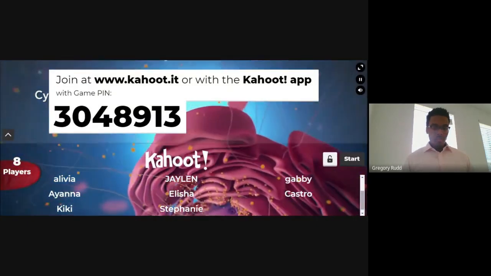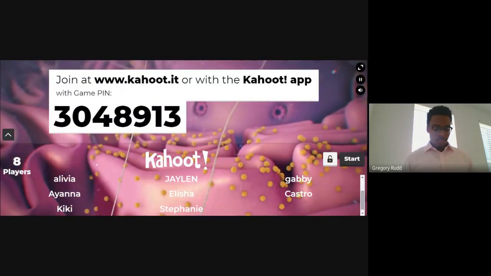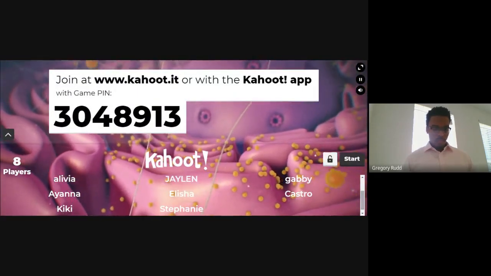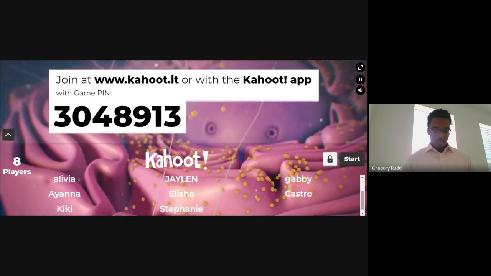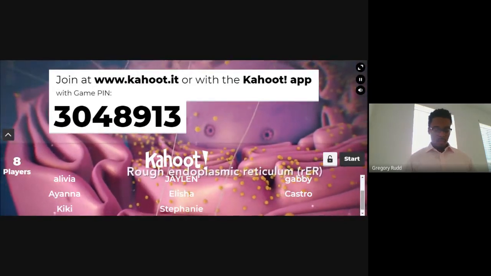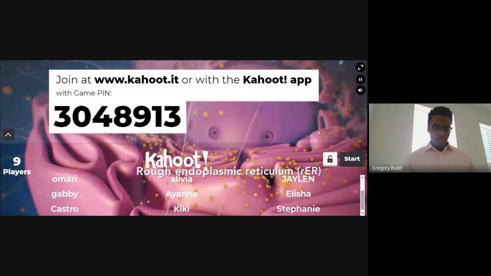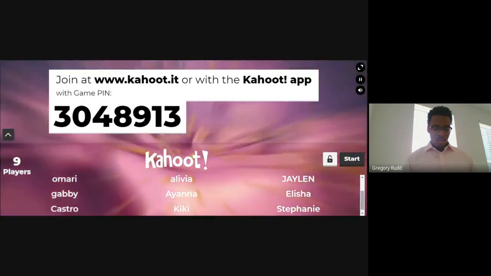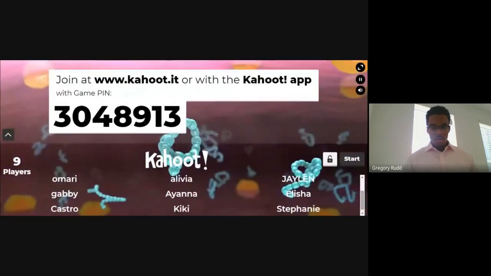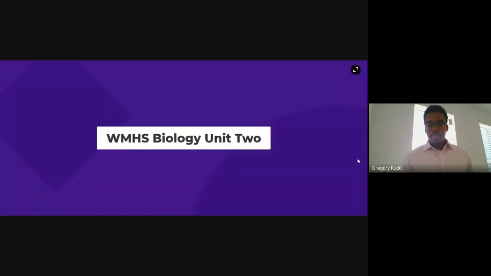Ribosomes may wander freely within the cytoplasm or attach to the endoplasmic reticulum, sometimes abbreviated as ER. There are two types of ER. Rough ER has ribosomes attached to it, and smooth ER doesn't have ribosomes attached to it. The endoplasmic reticulum is a membrane-enclosed.